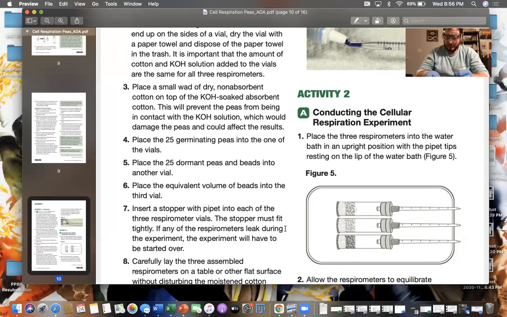It's down a little just so everyone can see what I'm doing, instead of just watching my face as I put beads and peas into things. Okay, and then the last one are the germinating peas.